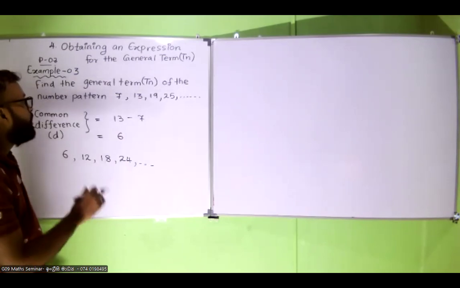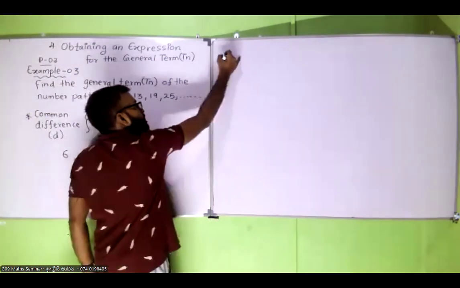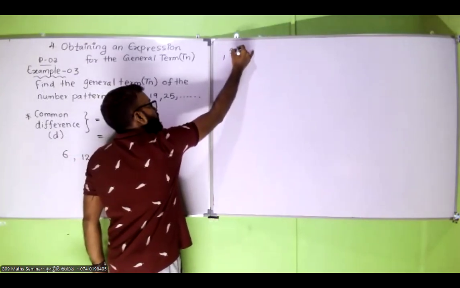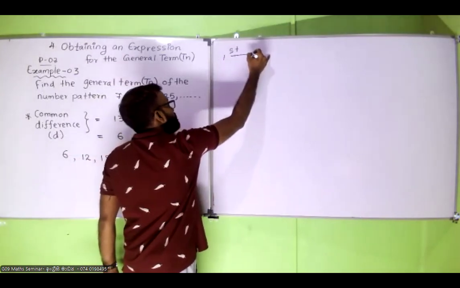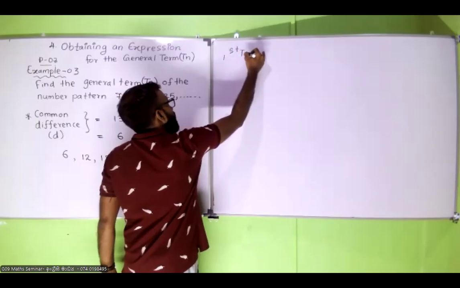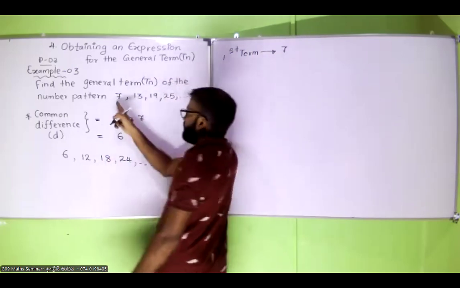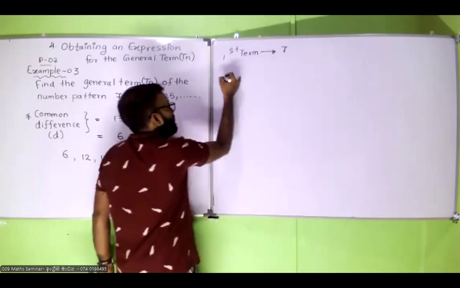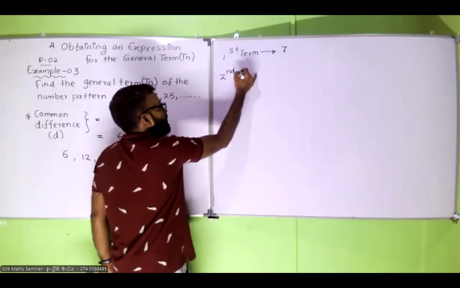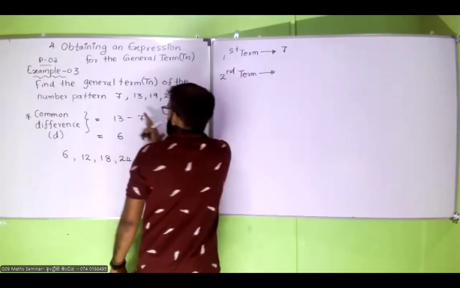Right? So I am going to obtain 7. That is my first term. My first term is 7 in the number pattern. So I will write my second term as well so that you can understand. Second term is 13.